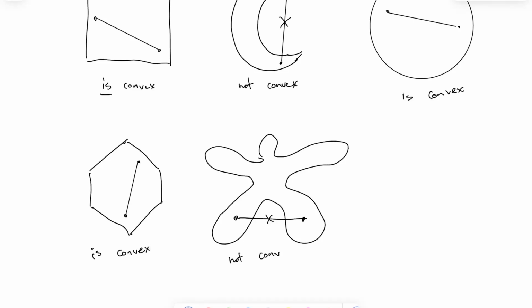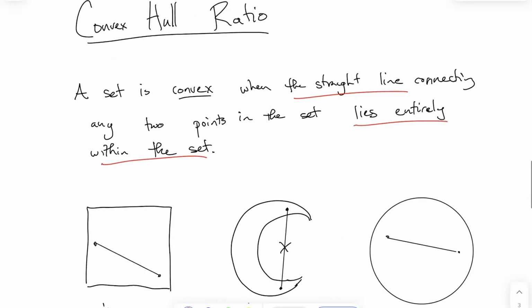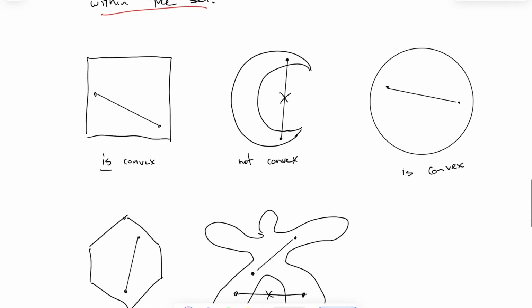I hope everybody is beginning to get an idea. Yeah? Well, in this one, couldn't you draw the diagonal line that you've been doing for the other ones? Yeah, it's a fact that this line here actually does lie inside the shape. So some of the lines do lie inside, but some of them don't. That means it's not convex. If you read the words that I said up here, the straight line connecting any 2 points lies inside the set. That's what it takes. Yeah. So it's true actually.